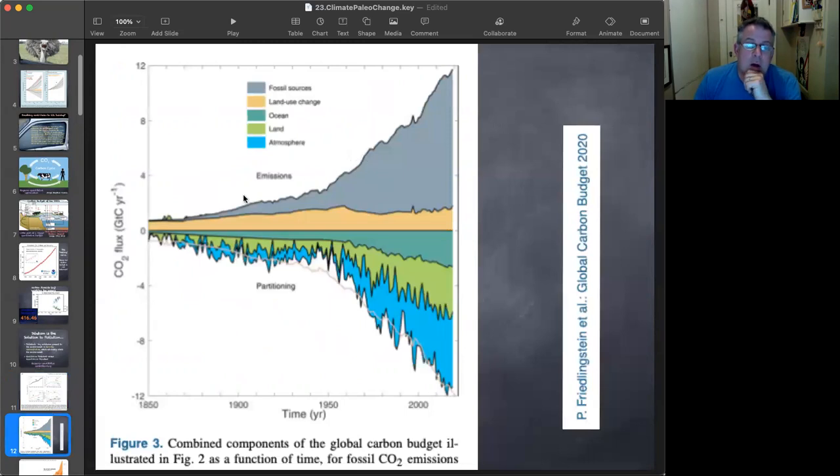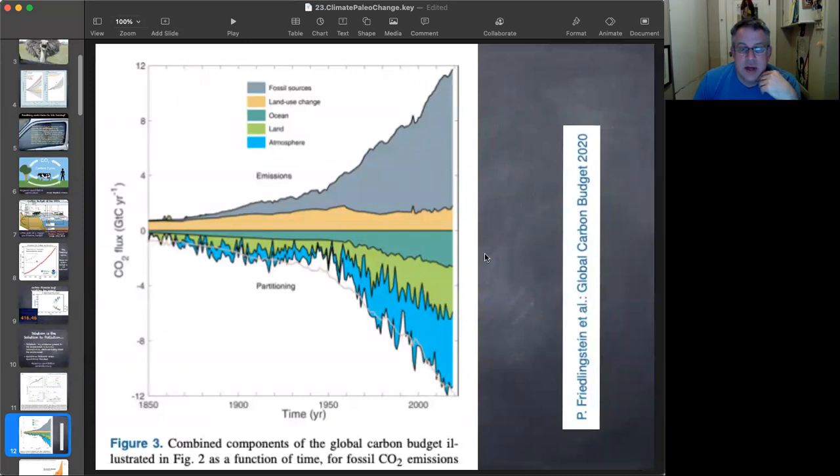Okay, where does it all go? Well, the carbon is getting absorbed, or it just stays in the atmosphere. So here's an inverse budget of trying to figure out where it goes. Here are the sources in gray for the fossil sources, and here's land use change in this orange color. That's what we have to get rid of, and then the bottom is where it goes.